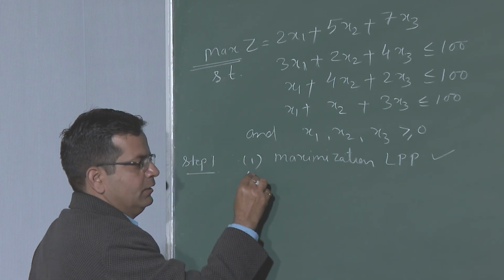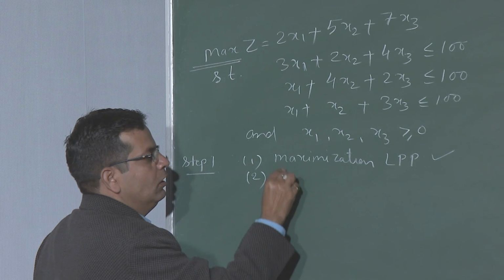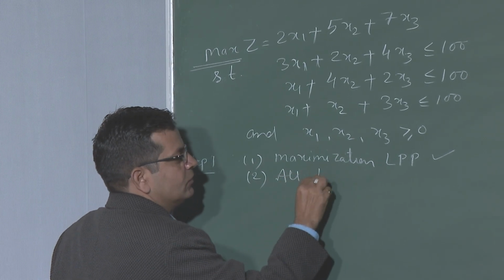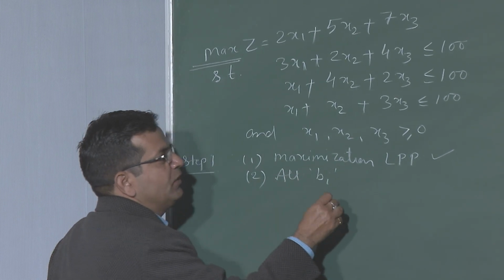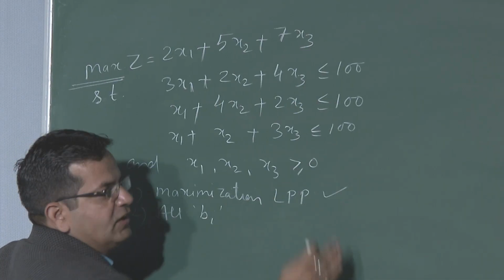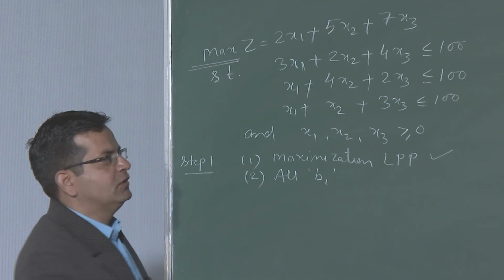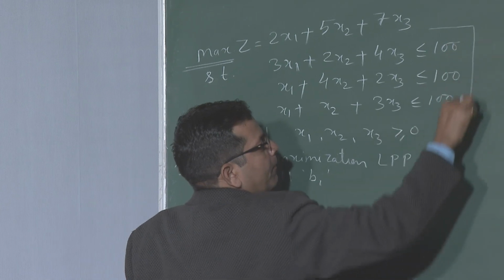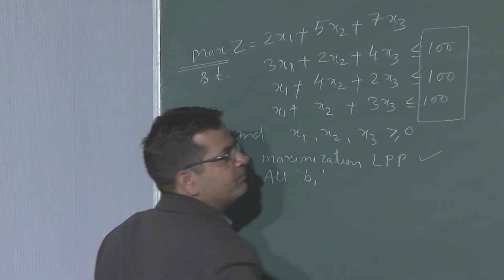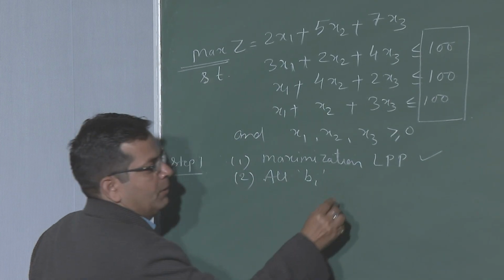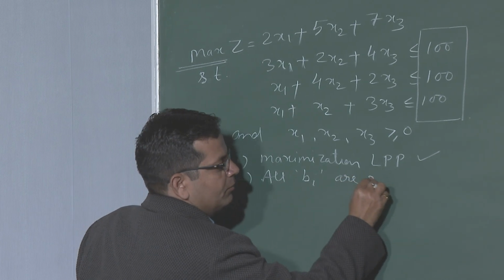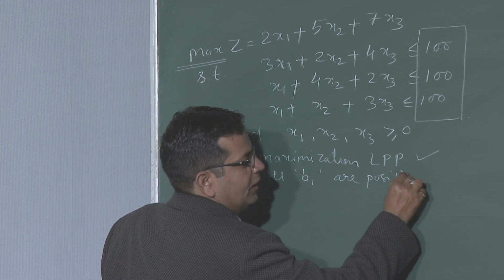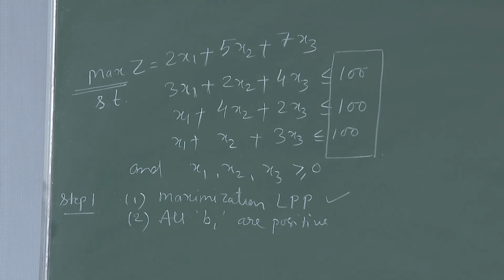Second important point is all b's. b's means the values on the right hand side of the constraints. This part is known as b. All b's must be positive, so that we can find the basic feasible solution.